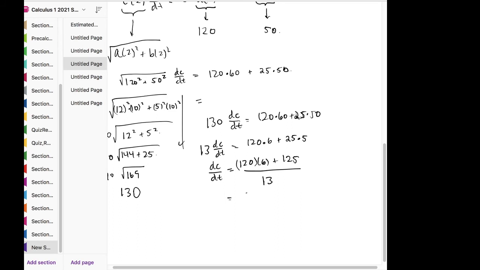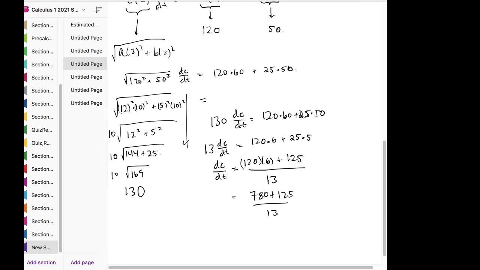What is this, 780 plus 125 over 13? Oh, I'm just simplifying it. These both have a factor of 10 squared. So if you take it out, you have a square root of 10 squared.